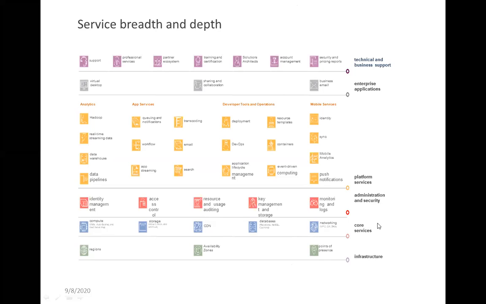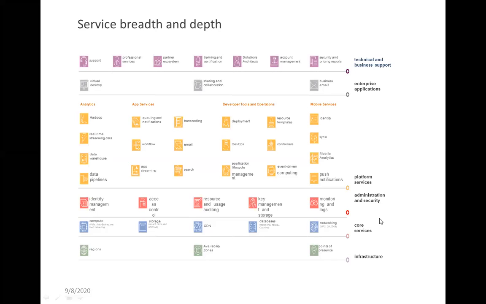If we move toward the core services, the core services provided by Amazon are related to compute services. Compute means virtual machines, and other core services include storage, networking services, and database services.